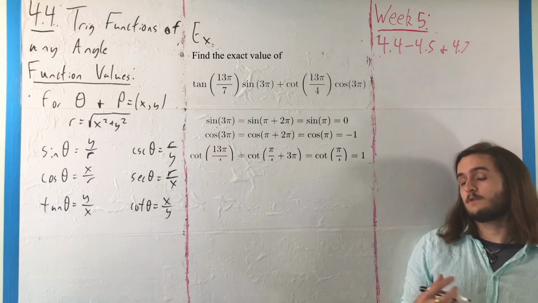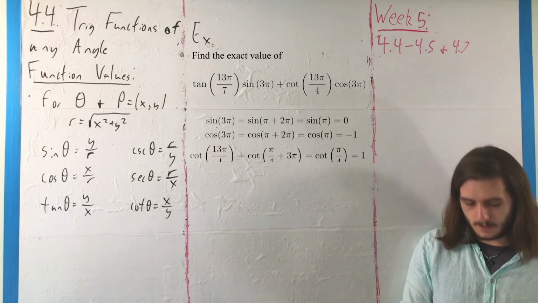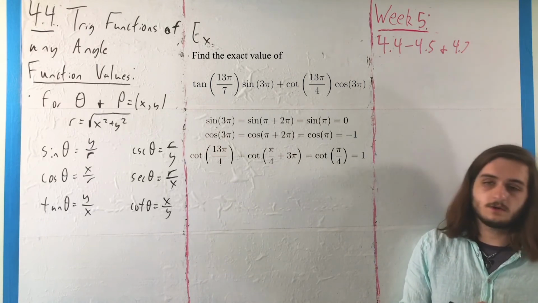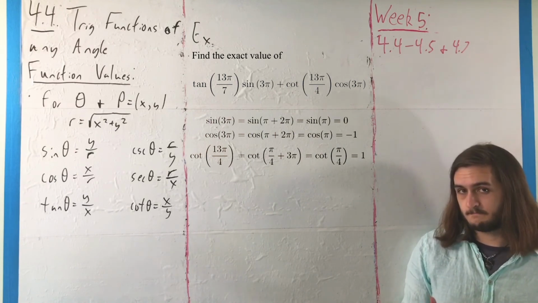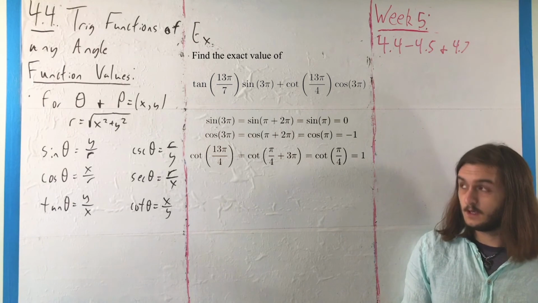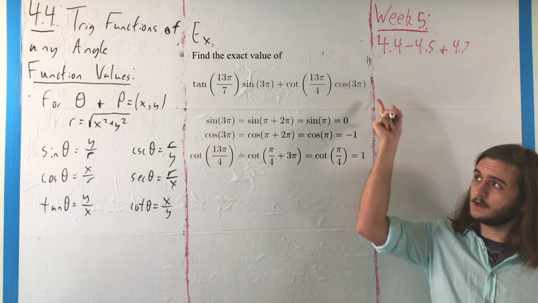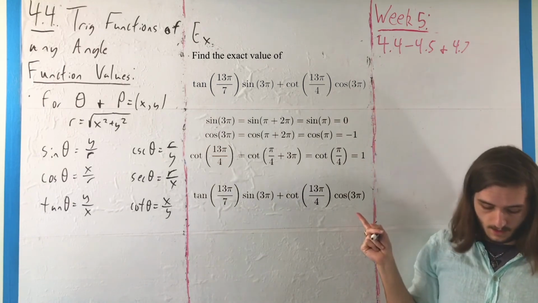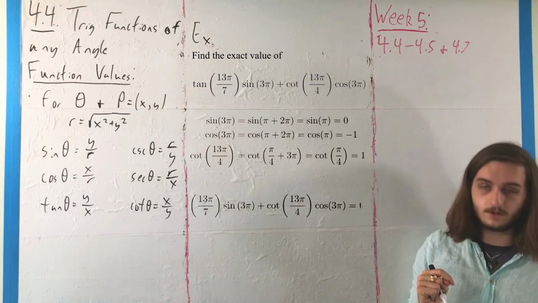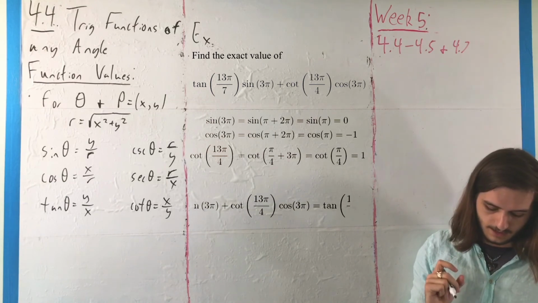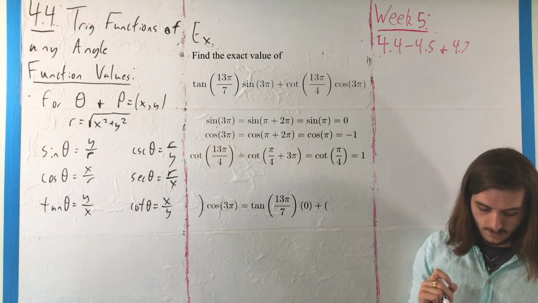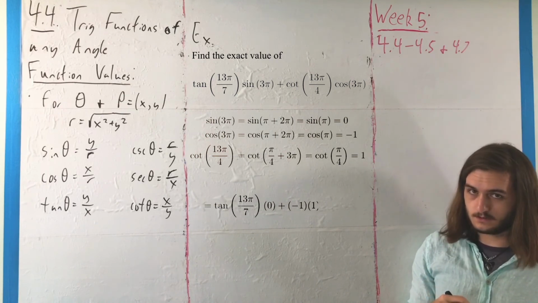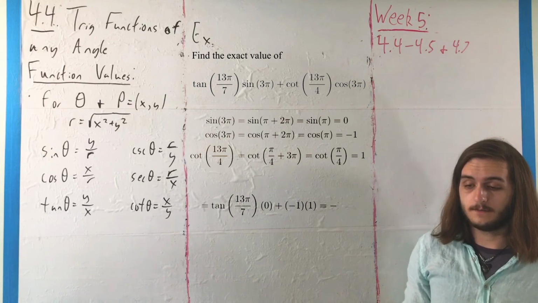And since the period of cotangent was just a single value of pi, that is really just cotangent of pi over 4, which we saw in the previous section. It's actually just 1. So as a result, we can take that horrible looking thing and pull it down to some much nicer parts. Tangent of 13 pi over 7 times 0 plus negative 1 times 1, or negative 1.